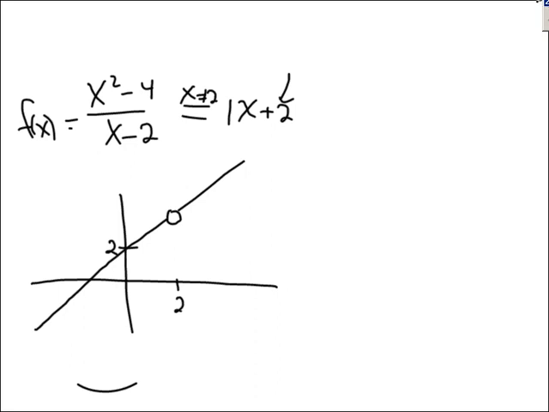If x is a little bit less than 2, those x values correspond to numbers just below 4. And if you consider x values just above 2, they correspond to y values just above 4. So the limit is approaching 4.